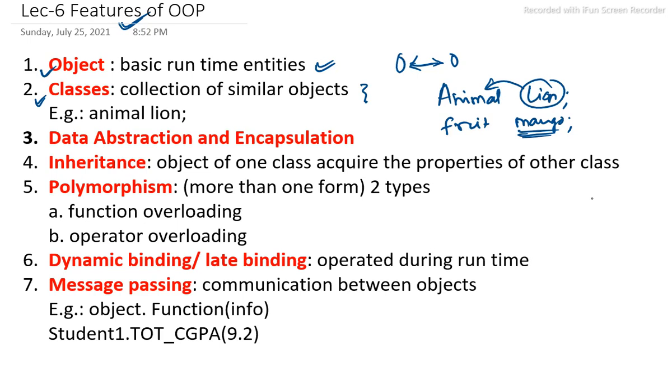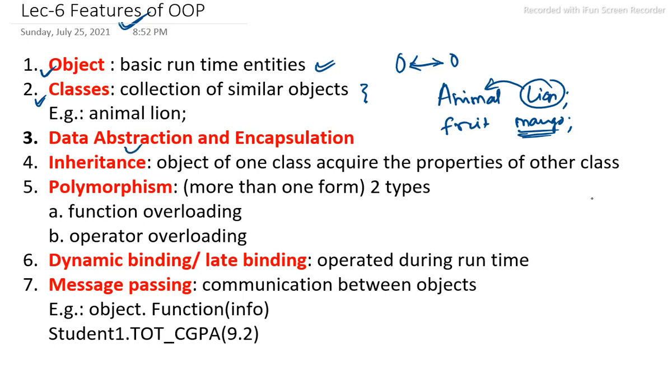The next feature is data abstraction and encapsulation. Data abstraction means only some essential features of a class will be visible, without disclosing all the features present in a class. Only essential features will be visible in the form of attributes and functions.